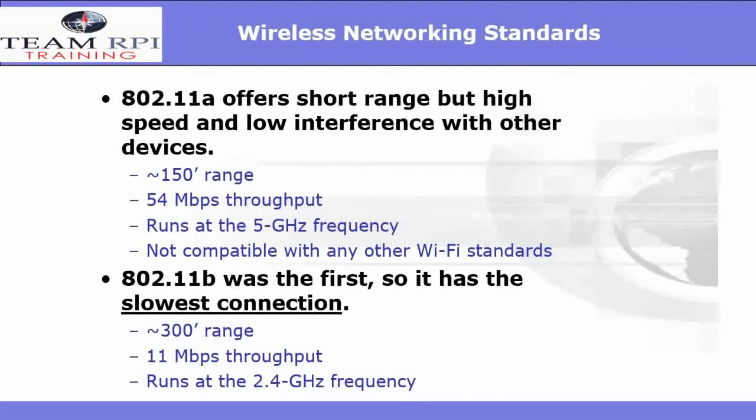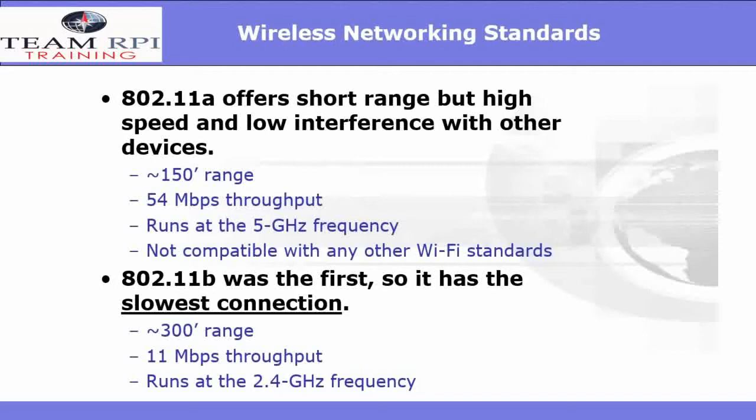802.11a offers short range but very high speeds and low interference. With maximum throughput of 54 megabits per second, it operates in the 5 gigahertz frequency. However, it's not compatible with any other wireless standards. Next came 802.11b.